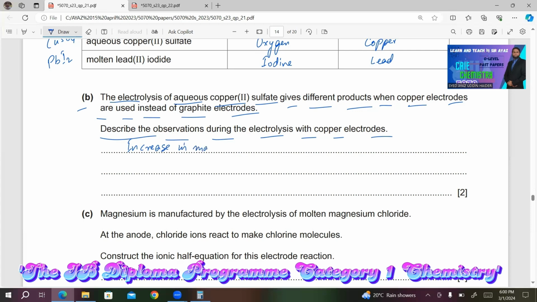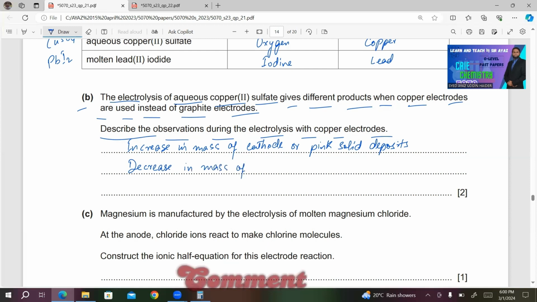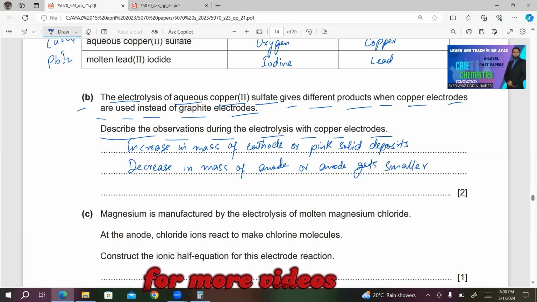At anode, there will be decrease in mass. Decrease in mass of anode. Or anode gets smaller and smaller.